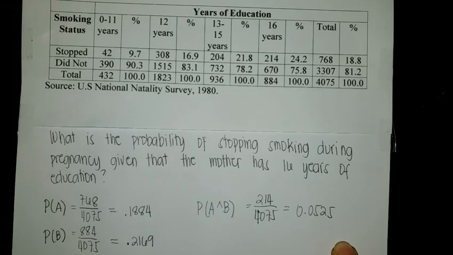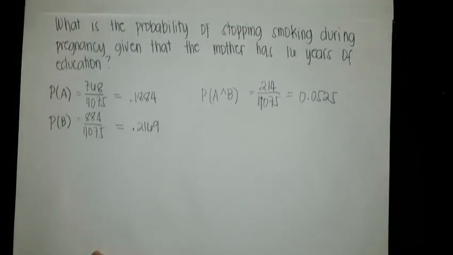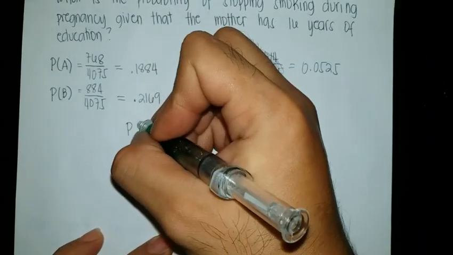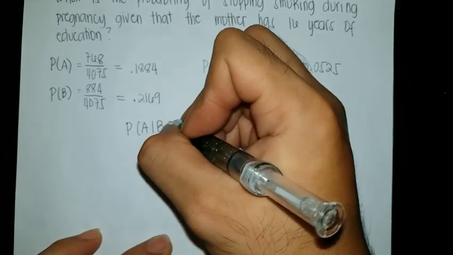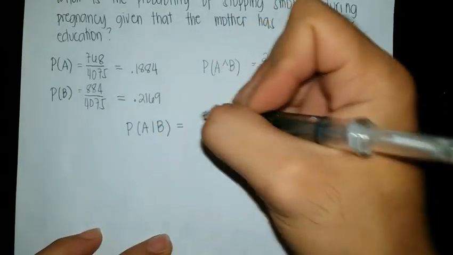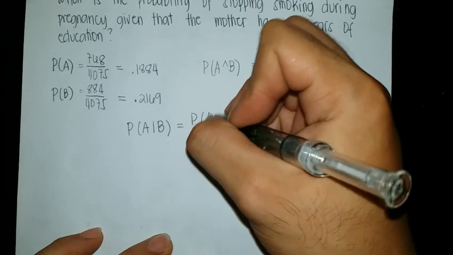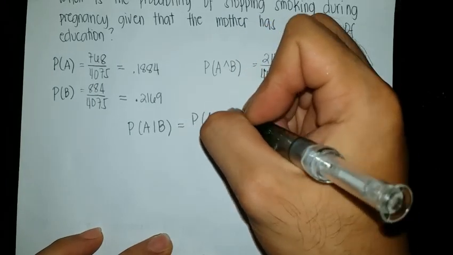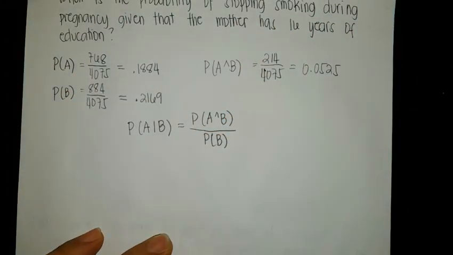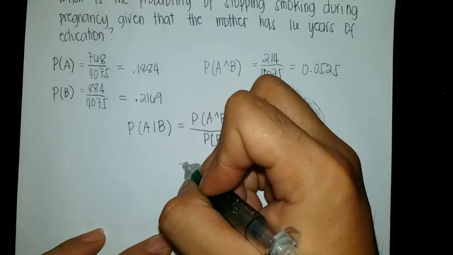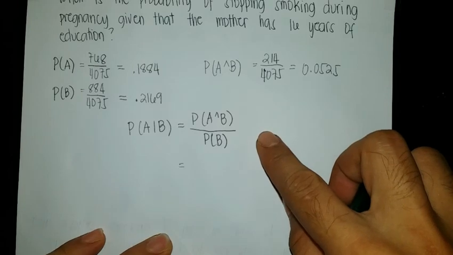Then we are now ready to find its conditional probability by applying our formula. The probability of the event A, given that B has already occurred, is equal to the probability of events A and B divided by the probability of event B. We already have our values. The only thing we need to do is plug those values into our formula.